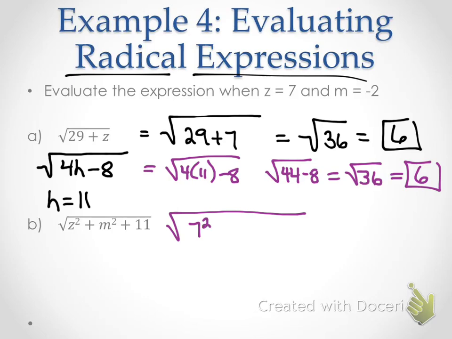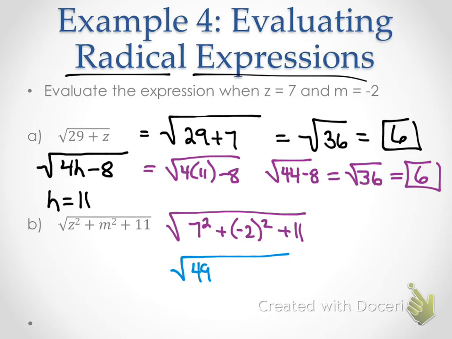7 squared because Z equals 7, plus what does M equal? -2 squared plus 11. Well, what's 7 squared? 49. What's -2 squared? It is, nope, it is just +4, because what is this saying?